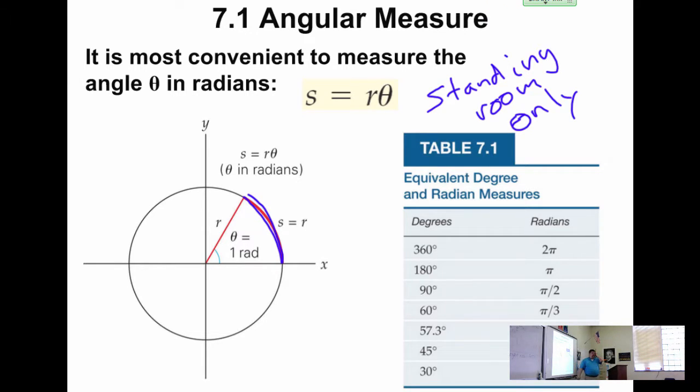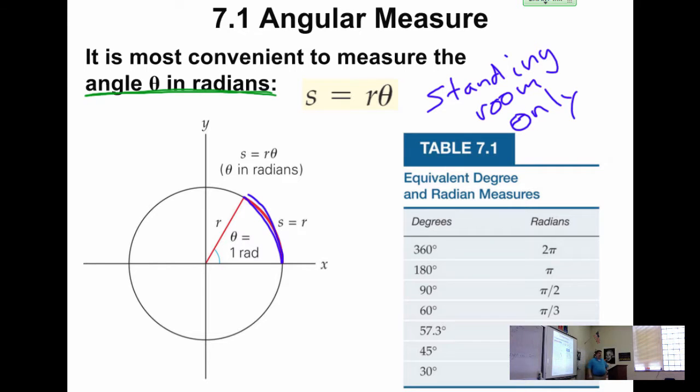Standing room only, that's how I remember it. Arc length is equal to the radius times theta. Now, one thing I want to point out is that the angle is always in radians.